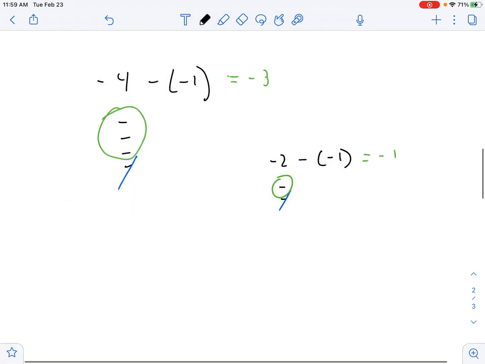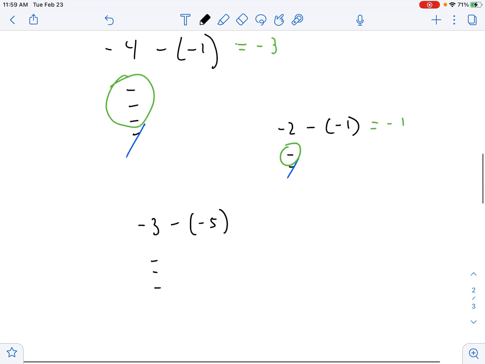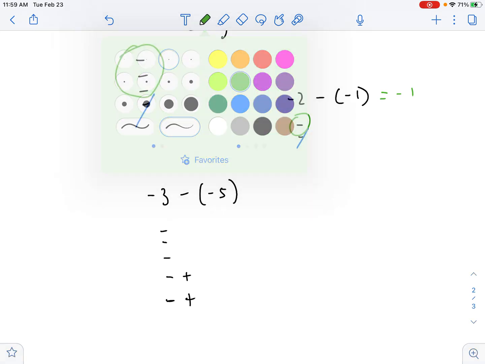Let's take a look at what happens if I'm taking away more than I have. Let's say I have -3: 1, 2, 3, and I want to take away 5 negatives. I only have 3 negatives here to take away, so I need to incorporate zero pairs. This zero pair actually equals 0, so I can put as many of those as I want on there, and it puts enough negatives there for me to subtract.